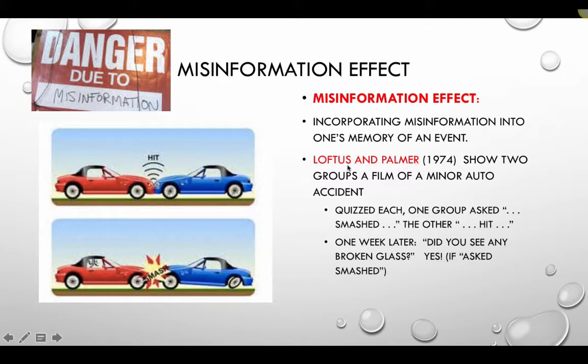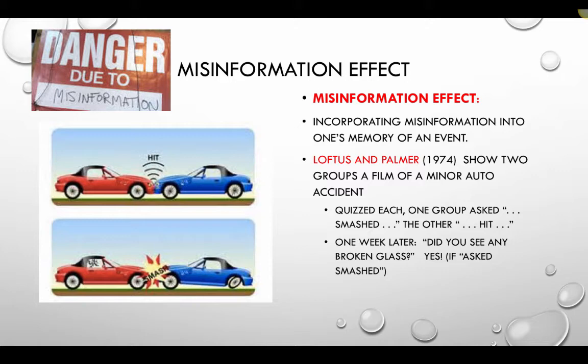Now, in a very famous experiment, Loftus and Palmer in 1974 showed a group of students a video of a minor accident. Everybody saw the same video. Afterwards, they were divided into 2 groups, or maybe it was 3 groups, I think.